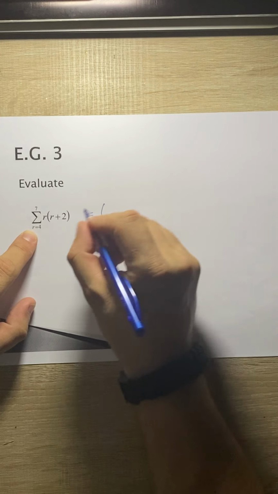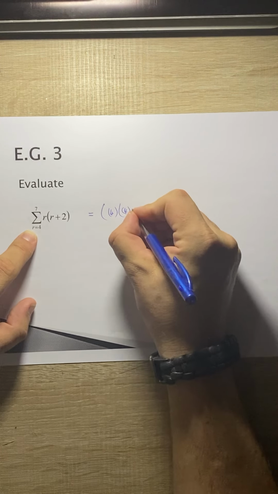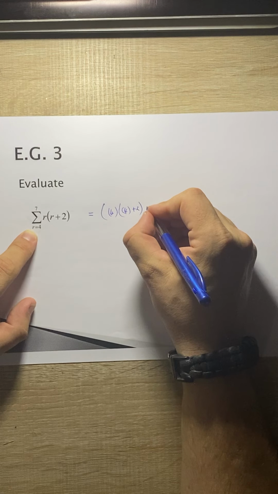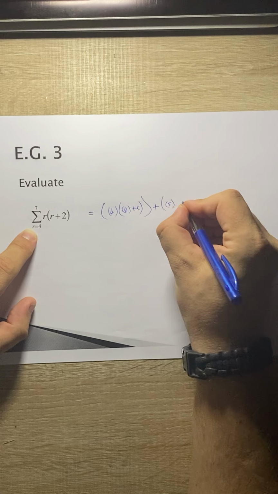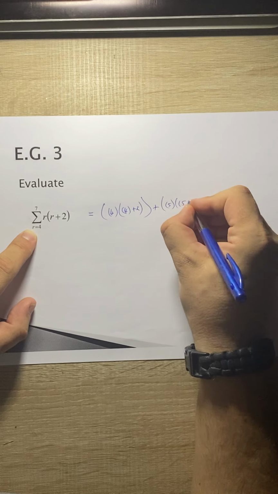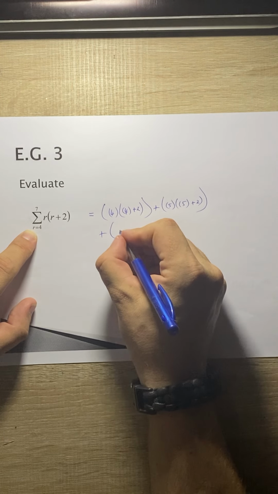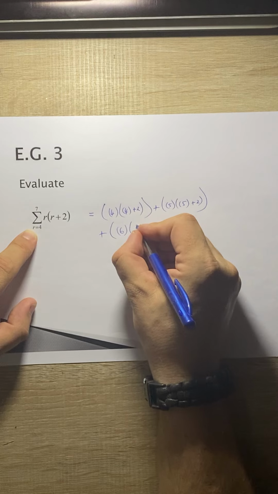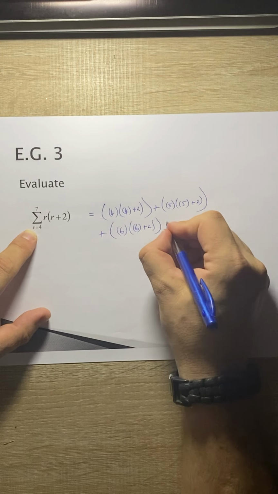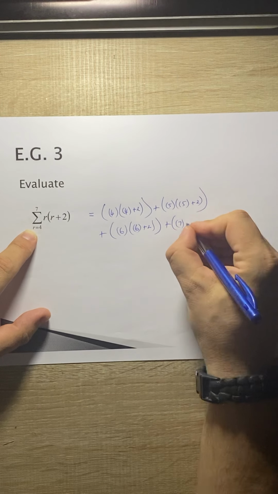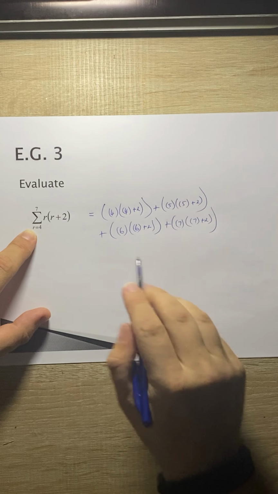So let's do the first one: 4 times (4 plus 2), plus 5 times (5 plus 2), plus 6 times (6 plus 2), plus 7 times (7 plus 2). Then I stop there.